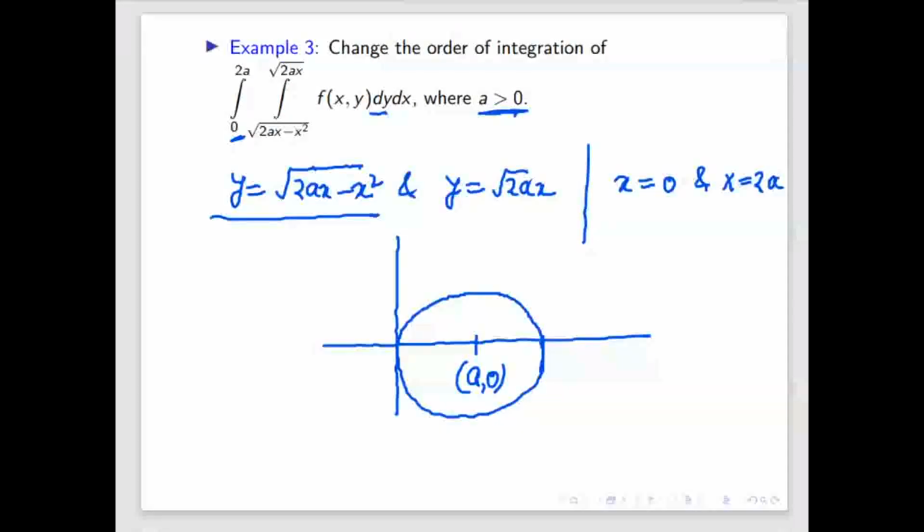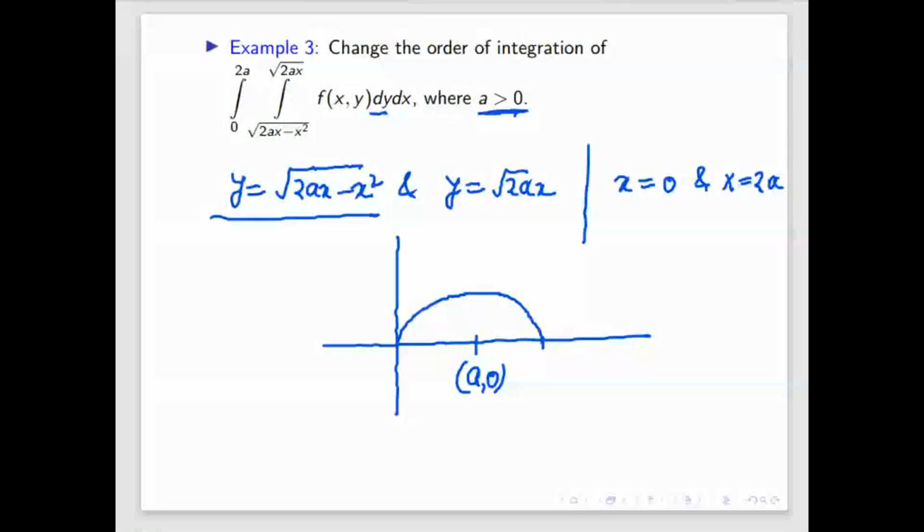So here it is written y is square root of plus, that means it is positive. Y is always positive, that means it will take only upper part of the circle, not the lower part of the circle. So this is the picture of y equal to square root of 2ax minus x square.